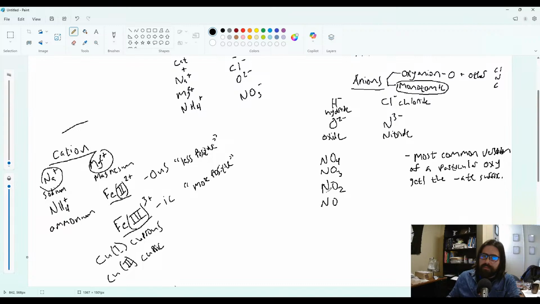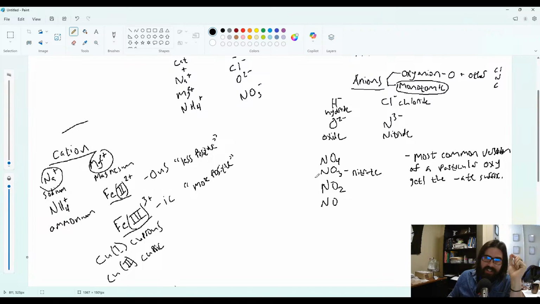In this case, the NO3 is the most common combination. So instead of having "ide" or anything like that, we remove the "ide" and we just get nitrate. Okay. Nitrate. NO3 is the most, this is the confusing component. NO3 is the most common combination of nitrogen and oxygen.